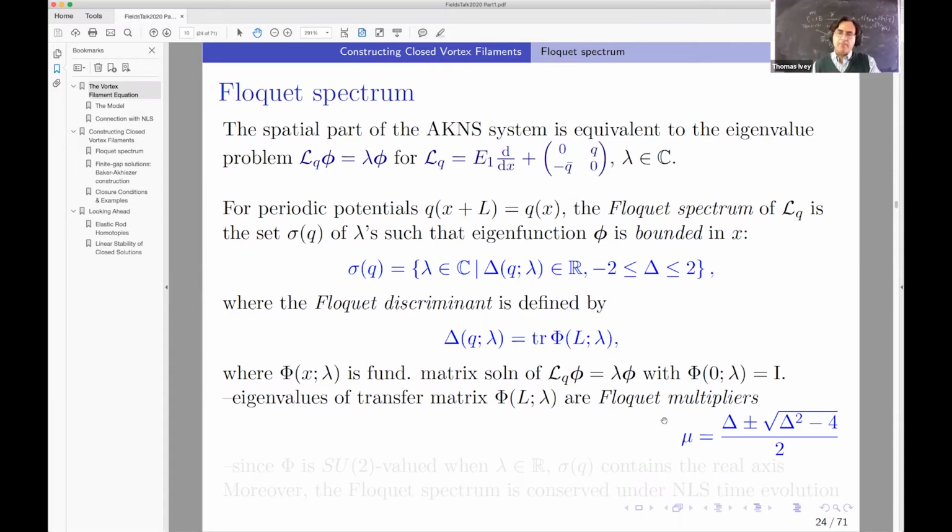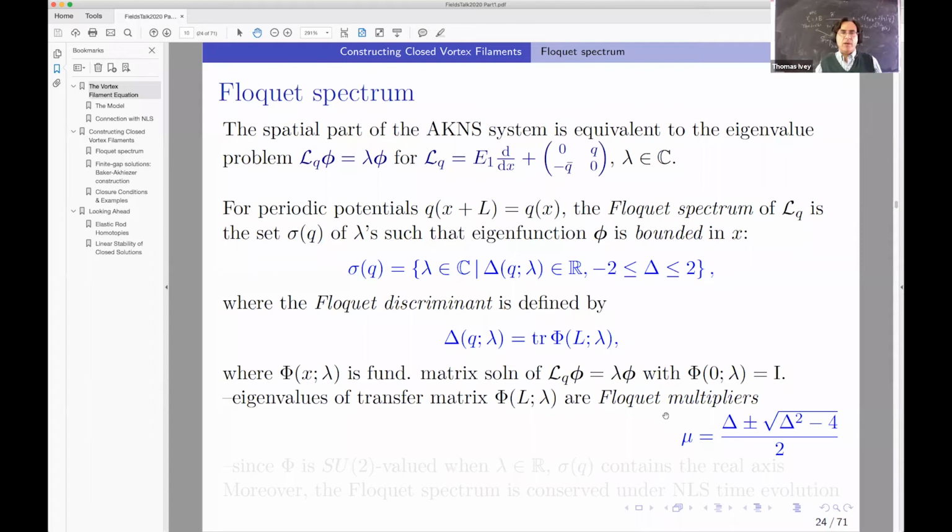By the way, this Floquet discriminant, of course, is a complex analytic function of lambda, and that means mu is a branched function of lambda. So you can think of mu, the multiplier, as living on a Riemann surface that double covers the complex lambda plane.